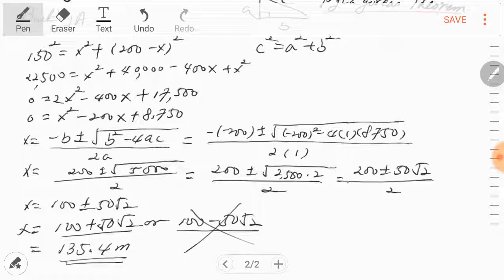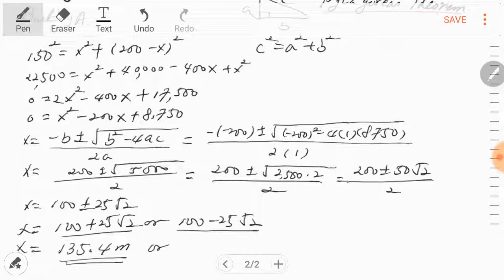Oh, wait a minute. Actually, this is not a negative number. So this is equal to, okay, divided by 2 is 25, right?